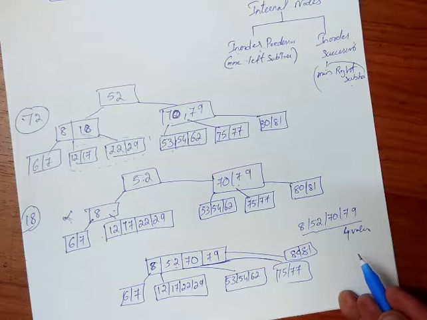And suppose we are deleting an internal node, then we have to consider its siblings. Then you have to move either the predecessor or the successor. Internal predecessor means the maximum value in the left subtree, and internal successor means the minimum value in the right subtree.